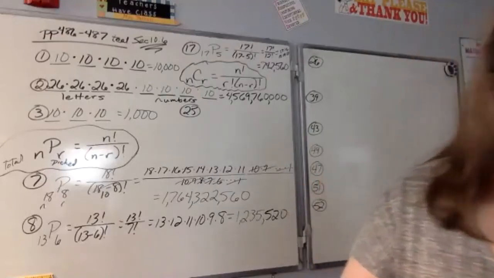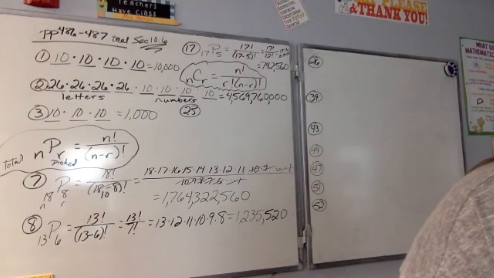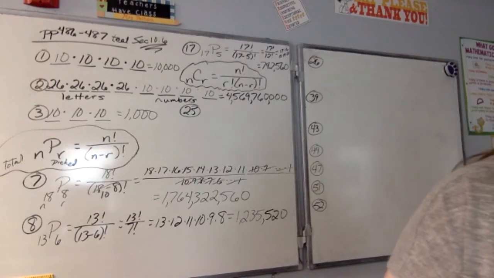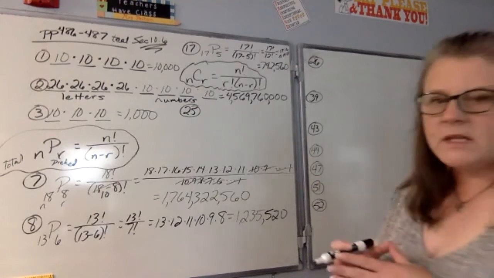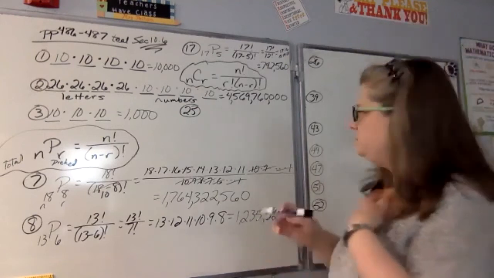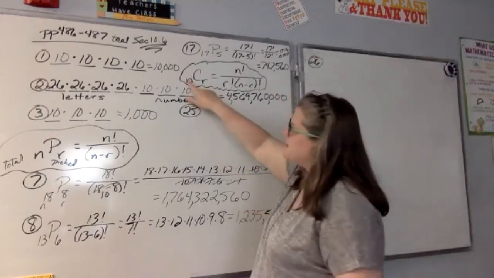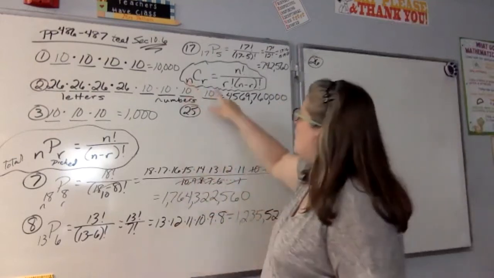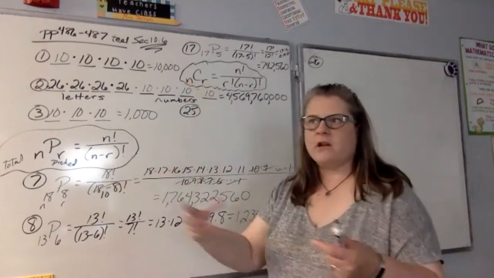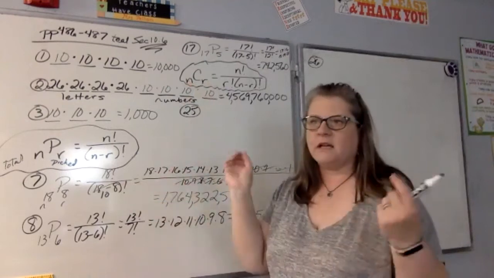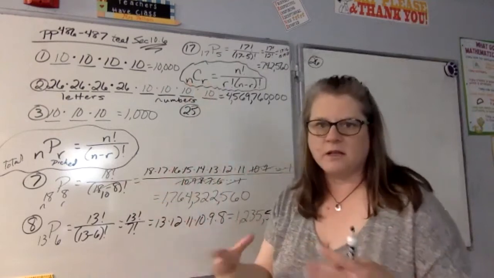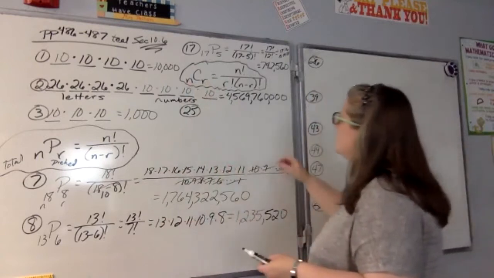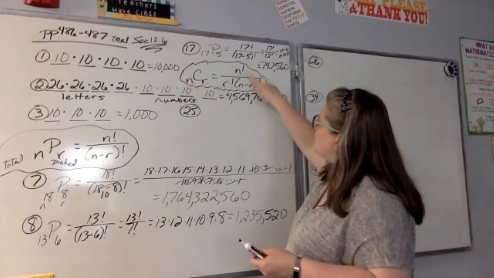On the next section, we are doing combinations. Now you'll notice the formula is a little bit different for these. N is still your total number. R is still the number that you're picking or taking or using or selecting or whatever word they use in the problem. So you'll notice this part's all the same.